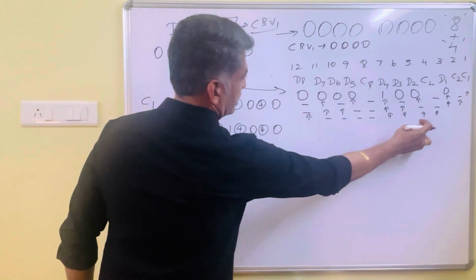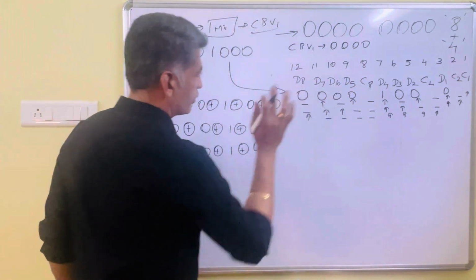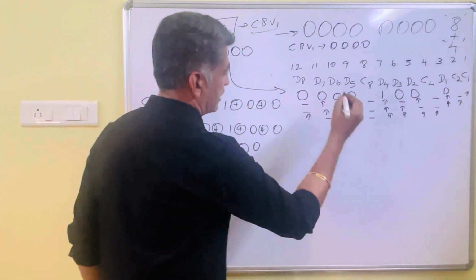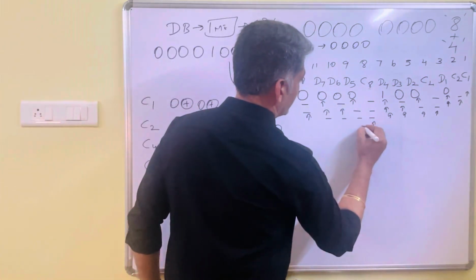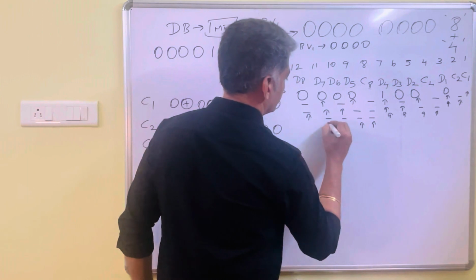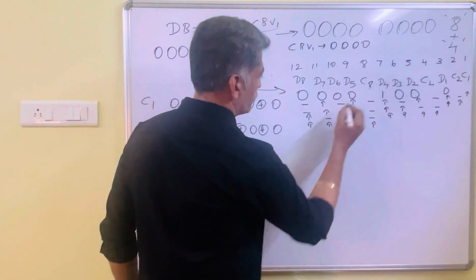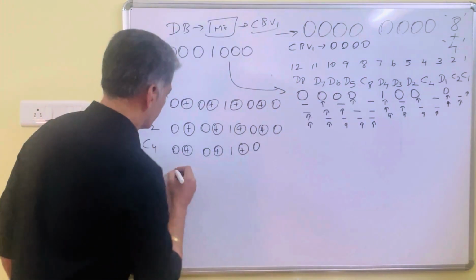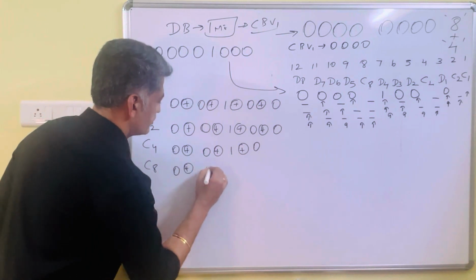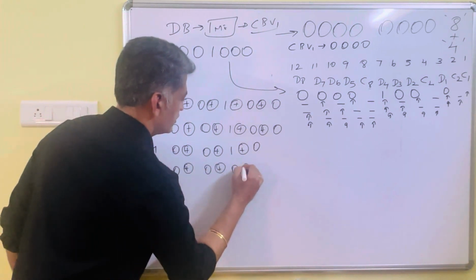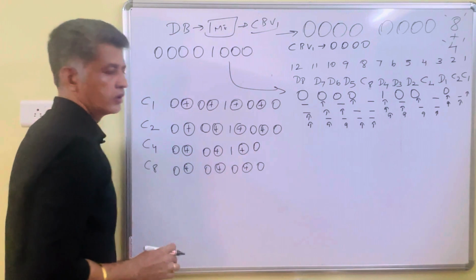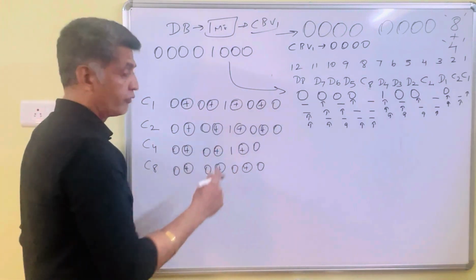Only 4 is there. Here 1, 2, 3, 4, 4 values I need to put. Now I need to start with C8 here. Check 8 bits. How many values are there? The 4 zeros are there. Okay, 0, 0, 0, that's all, right?